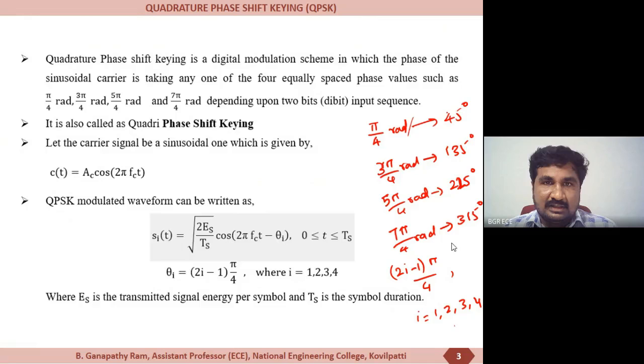We know that the carrier signal is chosen as a sinusoidal signal in order to accommodate it with the restricted bandwidth.